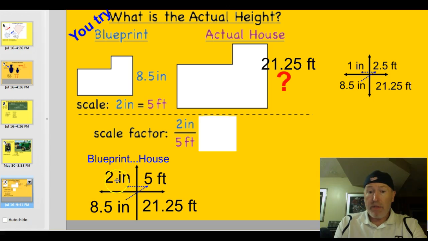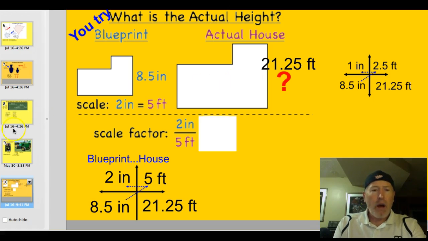You could have simplified this and said, well, if this is 2 inches to 5 feet, that's also 1 inch to 2.5 feet. 1 inch to 2.5 feet is like 8.5 inches is to how many feet? Multiply diagonal, divide the other way, still 21.25 feet. It's the beauty of the box. Strong be the Jedi that understand the box.